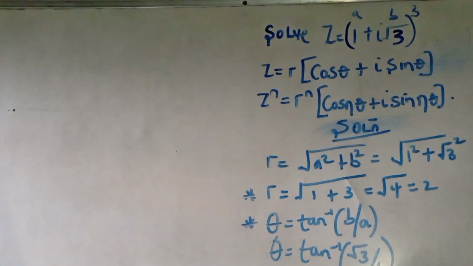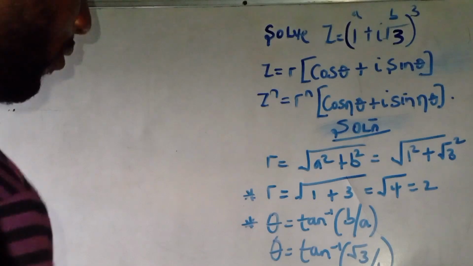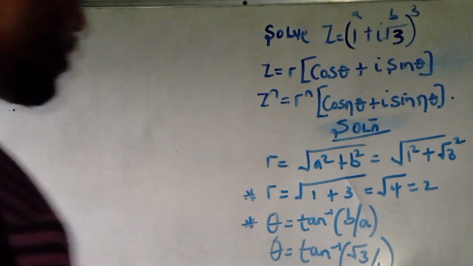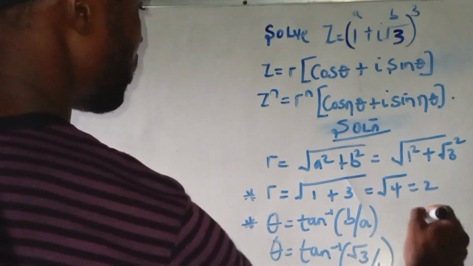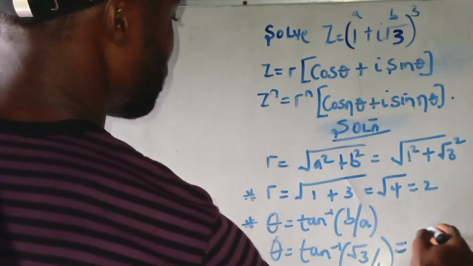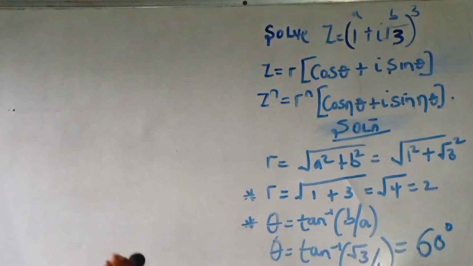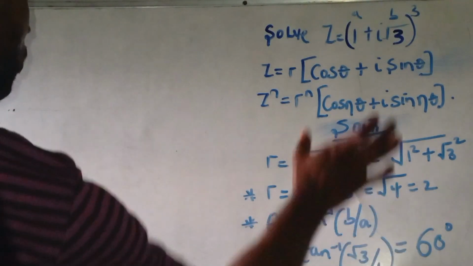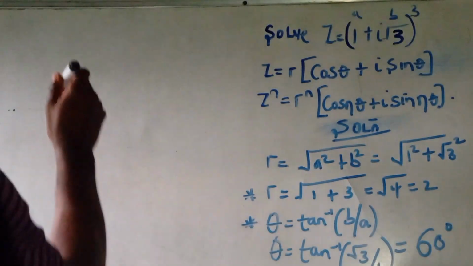If we use your calculator, in our last video we were solving things like this and I showed you how to solve. So the tan inverse of square root of 3 divided by 1 is equal to 60 degrees. If you punch that in your calculator, you have 60 degrees. Now let's substitute that in the formula.